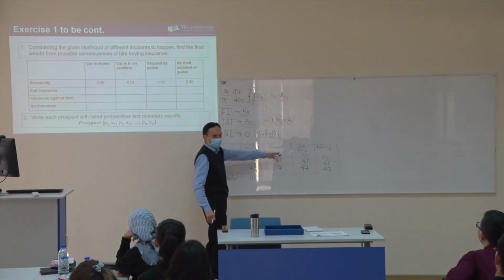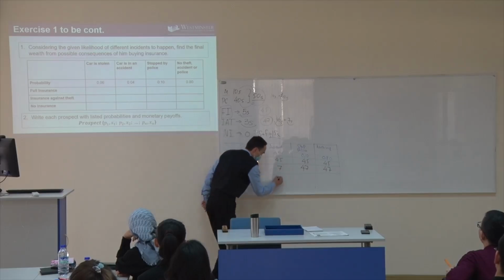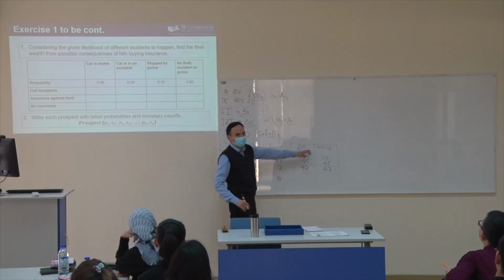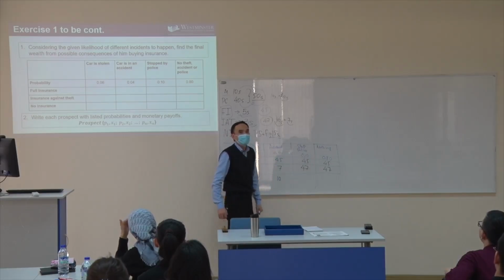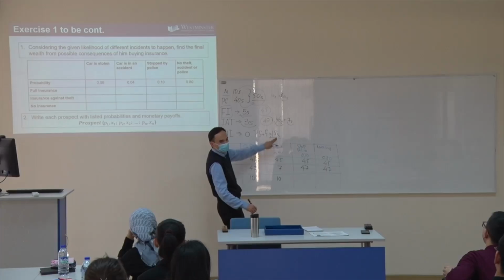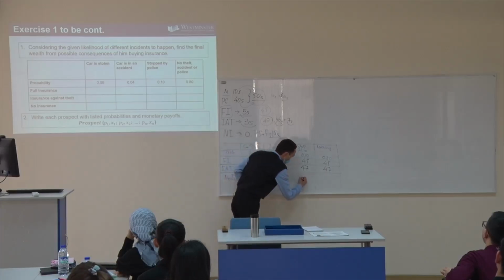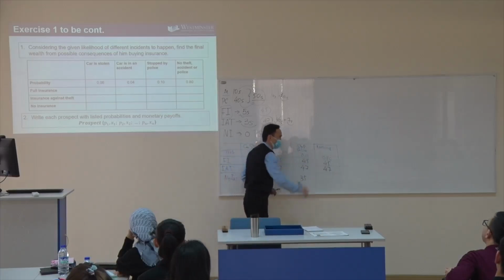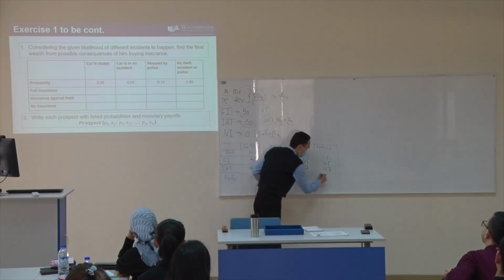If I get in an accident, again 10. If I'm stopped by police, it will be 35, because there is a penalty of 15 sums. If nothing is going to happen, it will be 50. Okay, it will be 50.